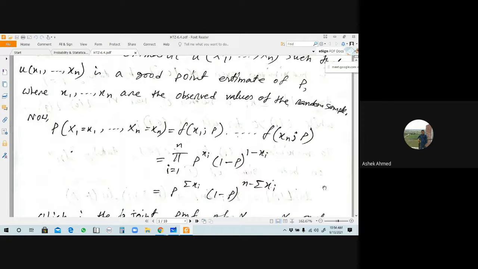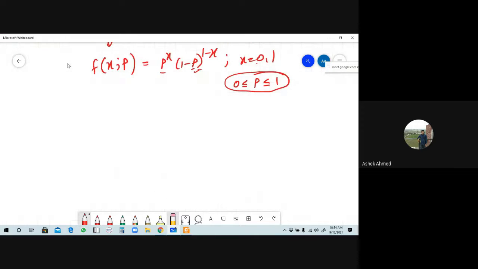From here we can write the probability of capital X1 equals small x1, up to capital Xn equals small xn. We can write this as the probability of capital X1 equals small x1, comma, dot dot dot, then capital X2 equals small x2, up to capital Xn equals small xn.